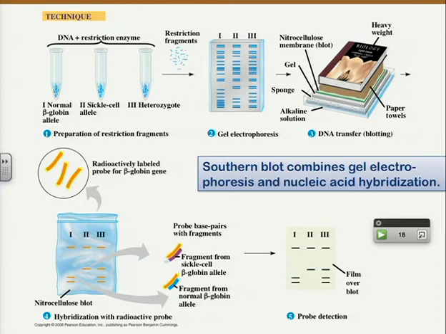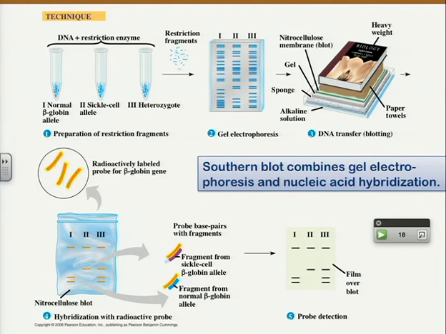You can then allow the DNA fragments to leave the gel and immobilize them on something permanent and solid, a membrane or a blot. So you basically get an image of the way the DNA fragments were in your squishy gel, but now they're on some permanent, stable membrane or filter or blot.